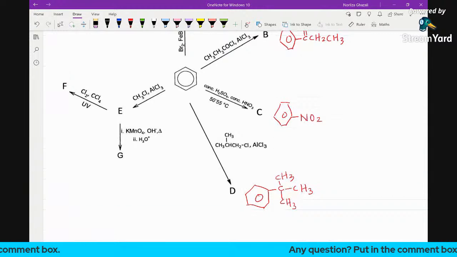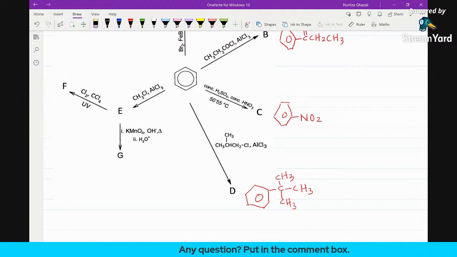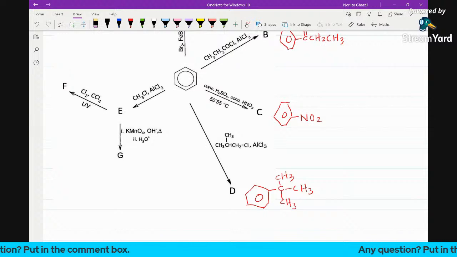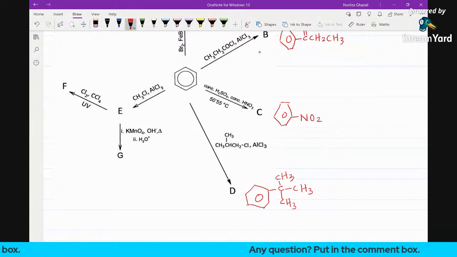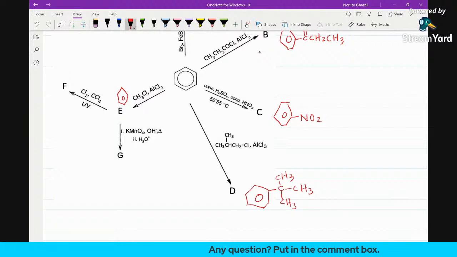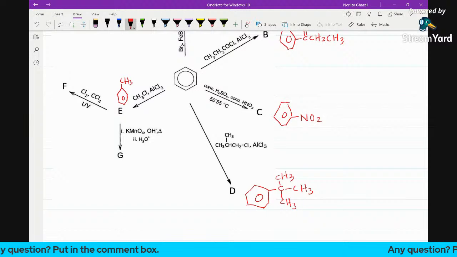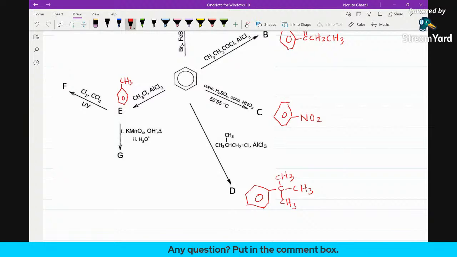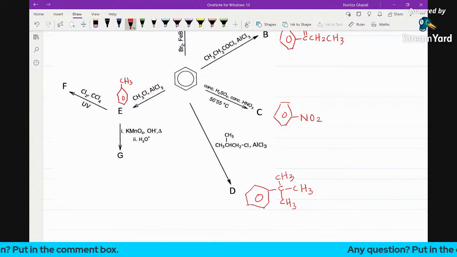And then E: benzene, CH3Cl, AlCl3. This one is Friedel-Crafts alkylation. So you will get E. E is toluene. Replace one hydrogen with methyl, so toluene. Okay, from E, oxidation: we use KMnO4 and then heat, acidic.